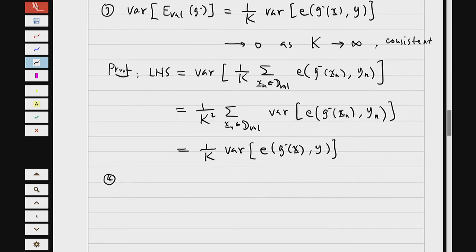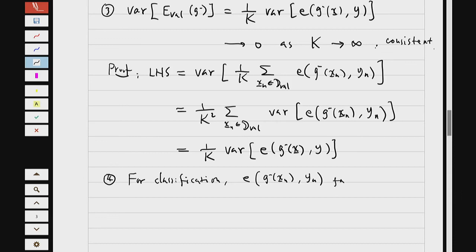Finally, if it is a binary classification or general classification where you have an indicator function as the error, we have the Hoeffding bound. So for classification, this E is going to be an indicator function, right?